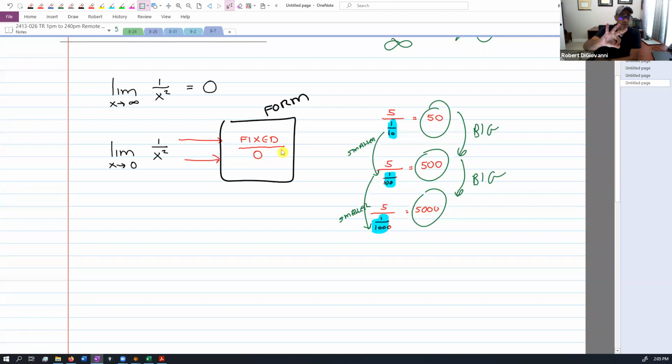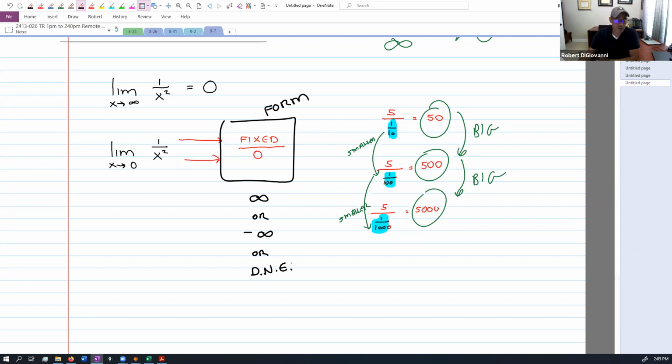So this should now be something that just goes through your mind. As soon as you see fixed over 0, you should be thinking, my 3 possible answers are: it's either infinity, or negative infinity, or the limit does not exist. Those are the only 3 outcomes possible.